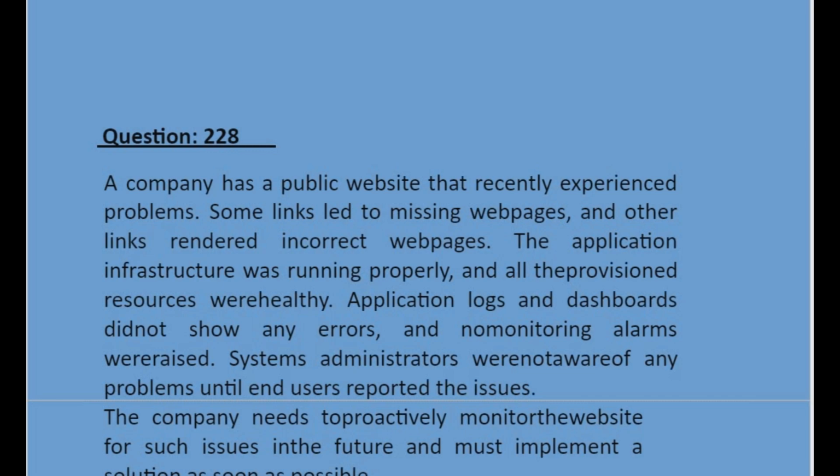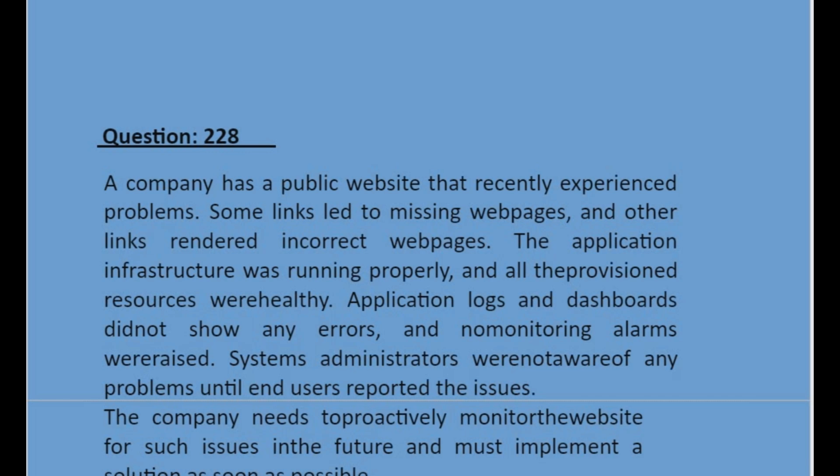Question is, a company has a public website that recently experienced problems. Some links led to missing web pages and other links rendered incorrect web pages. The application infrastructure was running properly, and all the provisioned resources were healthy. Application logs and dashboards did not show any errors and no monitoring alarms were raised.